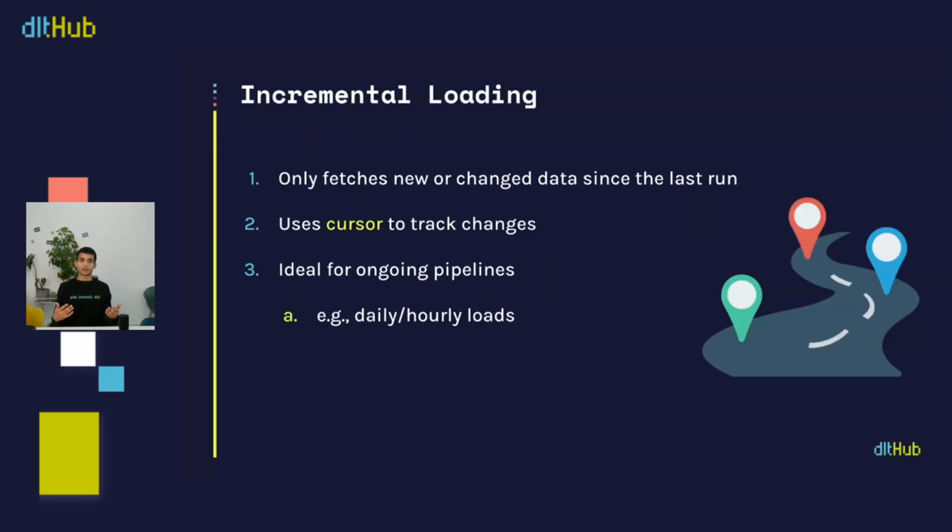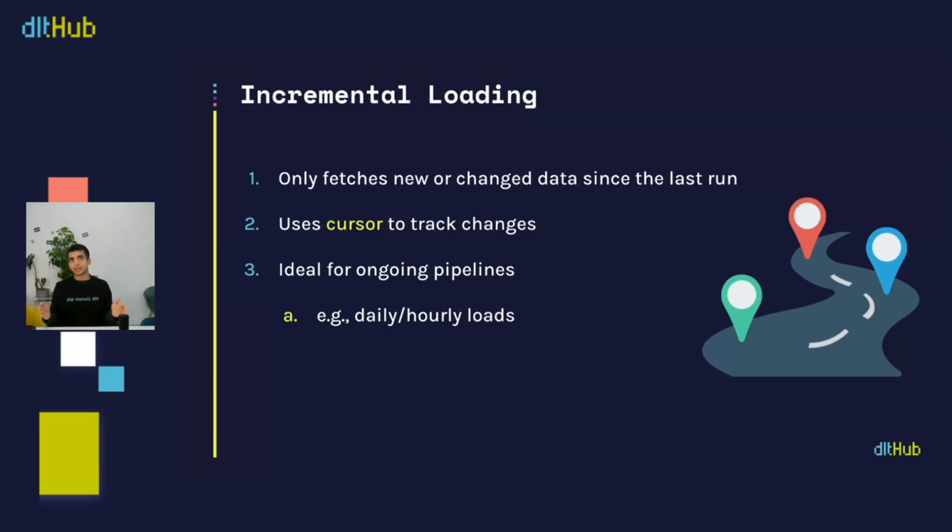First is incremental loading. Incremental loading is a technique where you only fetch new or updated data since the previous run. And incremental loading uses a cursor to track changes. So let's say that your data has a date field as a cursor field, and let's say that we've collected data up till September 17th.